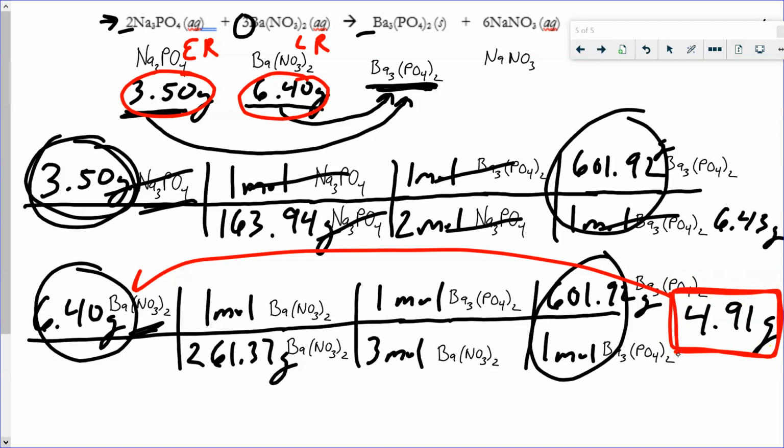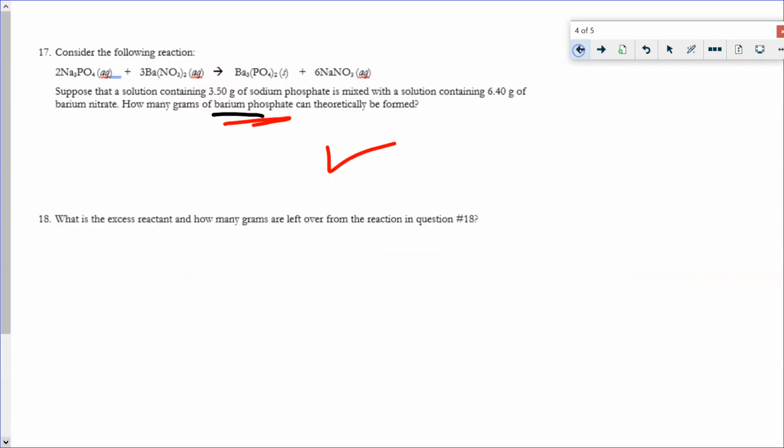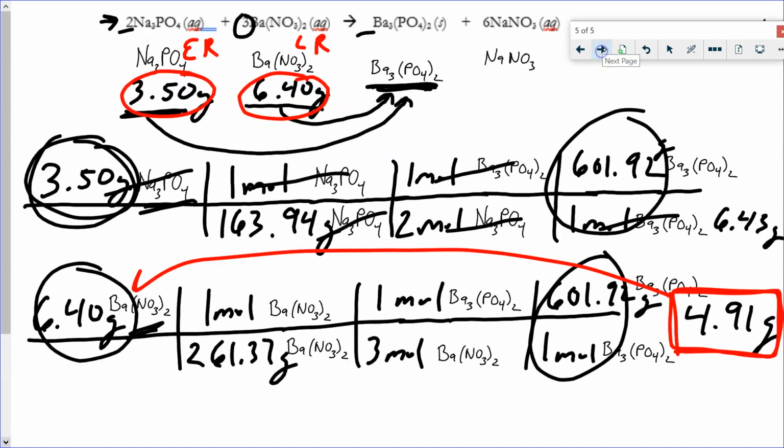Now, the next question was what is the excess reactant and how many grams are left over of the excess reactant? For this problem, we need to do just what we did in the last one.